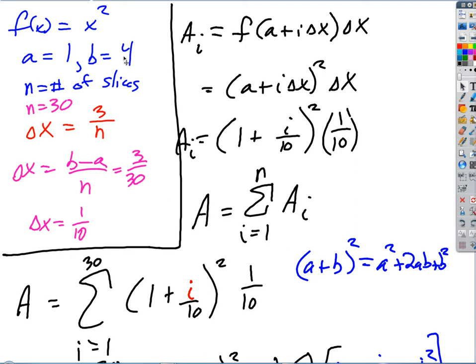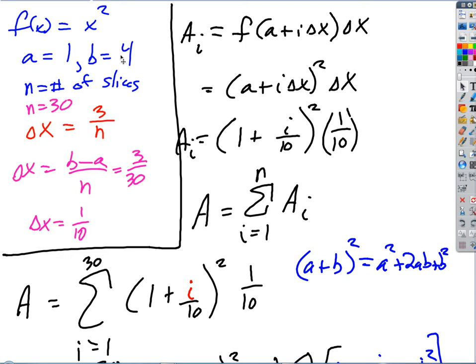When we get done, we'll get a formula in terms of that n, the number of slices, and the area we calculate will be a function of that parameter n. If we need it really accurate, we can make n a big number. If we don't need it as accurate, we could let it be a smaller number. And we'll even talk about how we could have it be perfect, not really an approximation, but an exact accounting of the area under the curve.